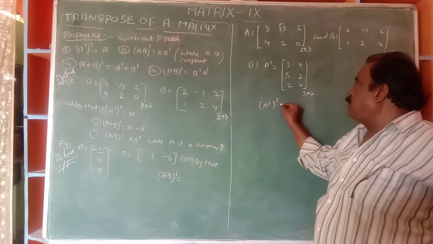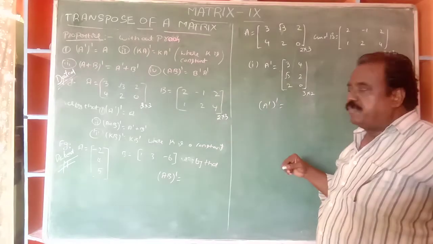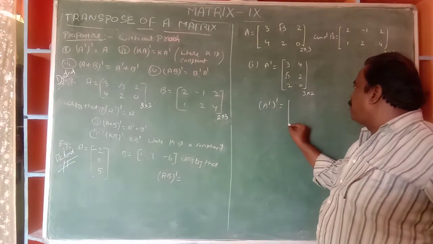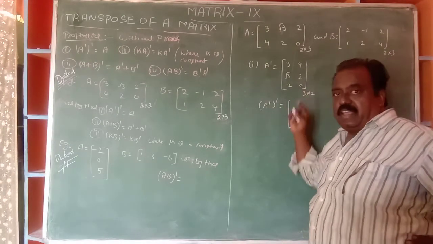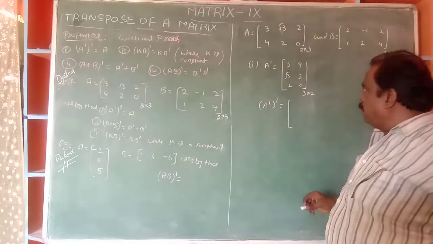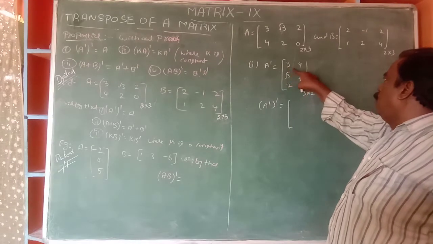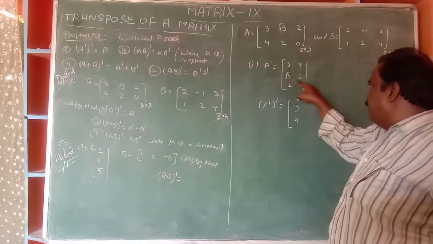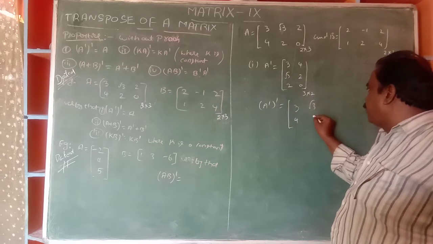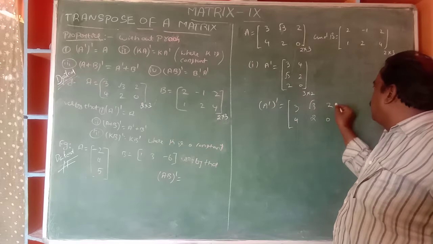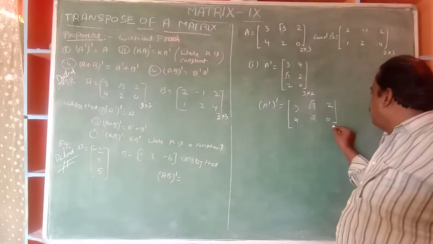Again, the transpose of A transpose. For this matrix, we transpose again. The first row becomes the first column, the second row becomes the second column, and the third row becomes the third column.